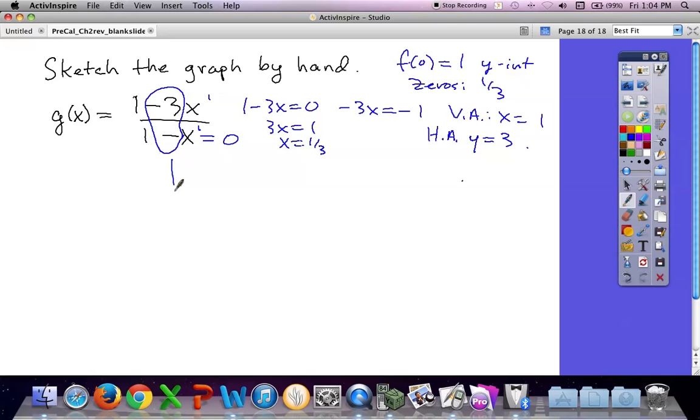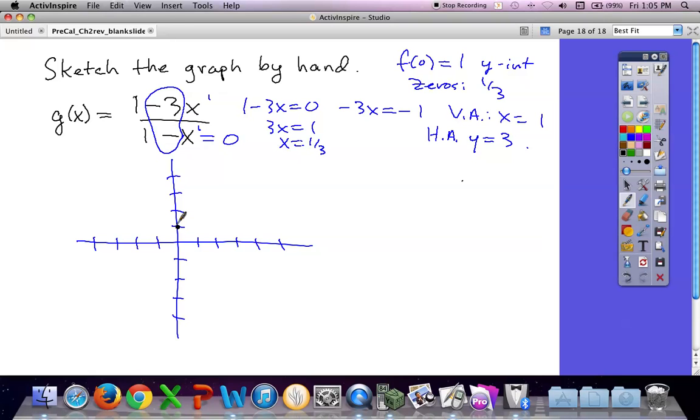So let's sketch what we can. So let's see, I'm going to put it in a different color. Let's try black. The y-intercept is 1, that's here.